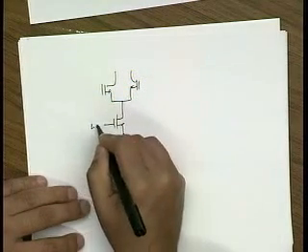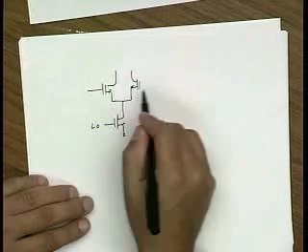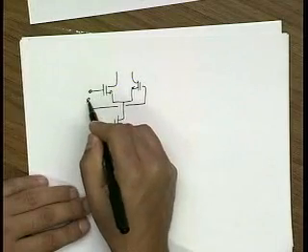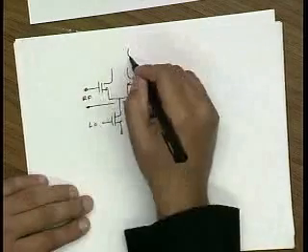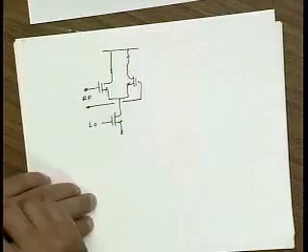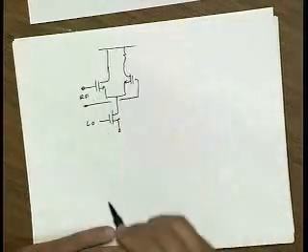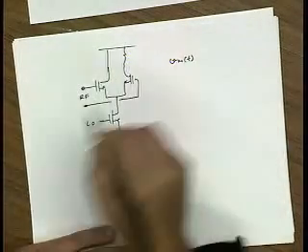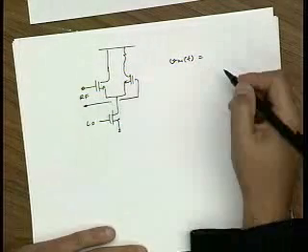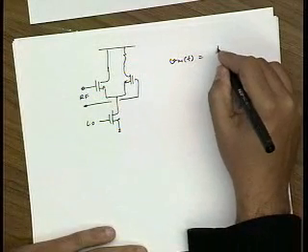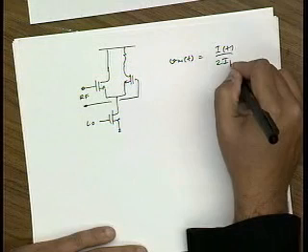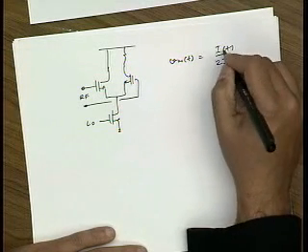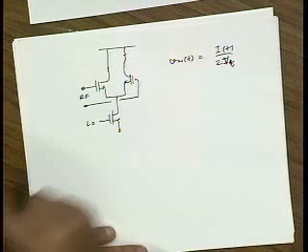If I bring in my LO signal here, and my RF signal here. And indeed, this is a mixer because the GM of this device is now a function of time because the I is a function of time. Whoops. So there should be I of t over Vt.